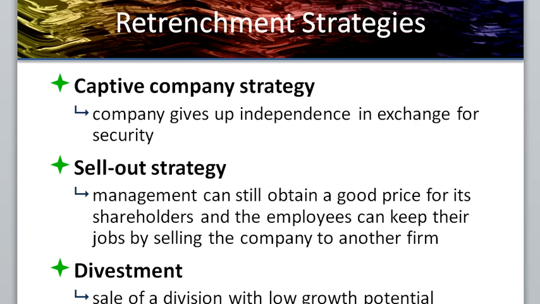Okay. So other retrenchment strategies, we can look at the captive company strategy, which involves giving up independence in exchange for security. A company with a weak competitive position may not be able to engage in a full-blown turnaround strategy. The industry may not be sufficiently attractive to justify such an effort from either the current management or investors.